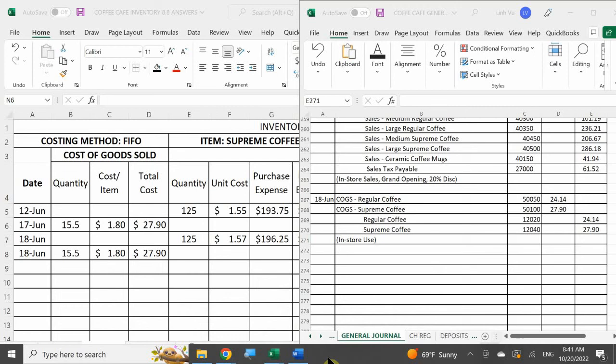Okay. So what do I do after I complete my journal? Before we go into our sales, we already finished our sales. Okay. Cost of goods.